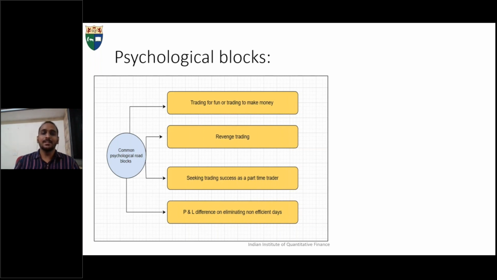So these are psychological blocks which each and every trader has to face in his trading journey. But today we will learn how to avoid these psychological blocks and convert overall discretionary manual trading into systematic trading, which will help us manage capital.